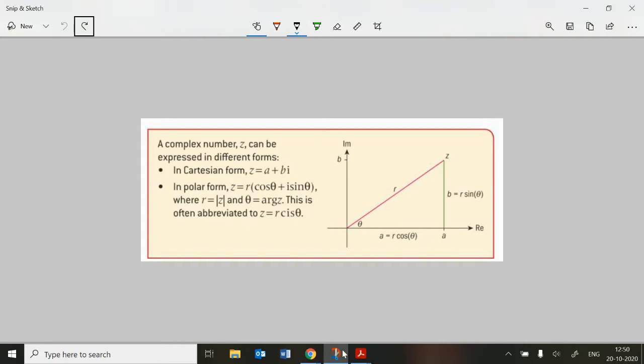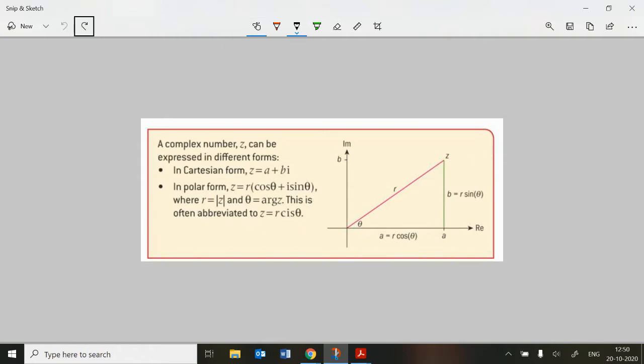And so we can plot that point z here. So that's where it is. So that's just coming from putting a coordinate point there, a, b, apart from it's not a coordinate point here, it's instead just z, which is a plus bi. Okay, so there we go. That's the place on the Argand diagram.